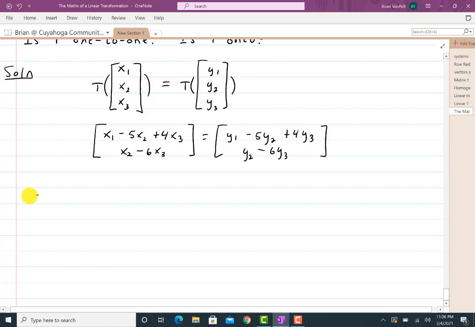Notice that I can do this. So let me just say this is difficult, if not impossible, to determine whether the x vector equals the y vector.